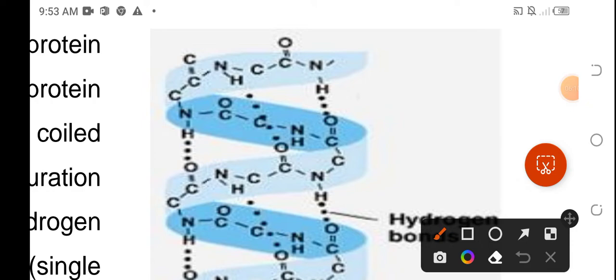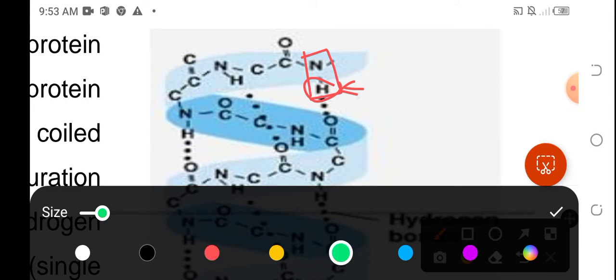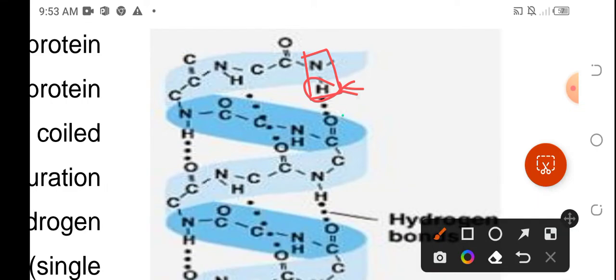The hydrogen bonding between the hydrogen of this amino group, so yung hydrogen daw na yan, and the oxygen of this carbonyl from the other amino group. Okay? So, meron silang hydrogen bonding between the hydrogen of the amino and oxygen of the carbonyl.